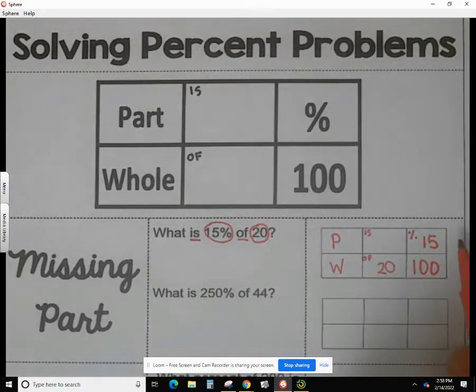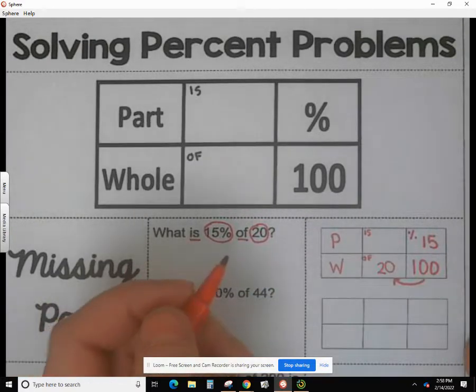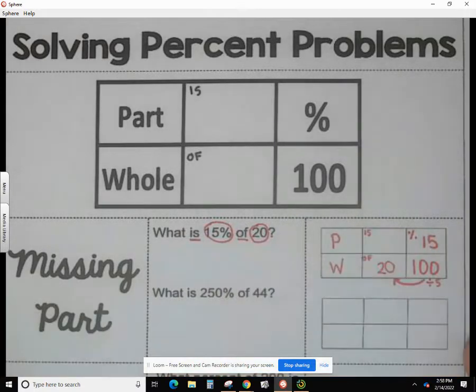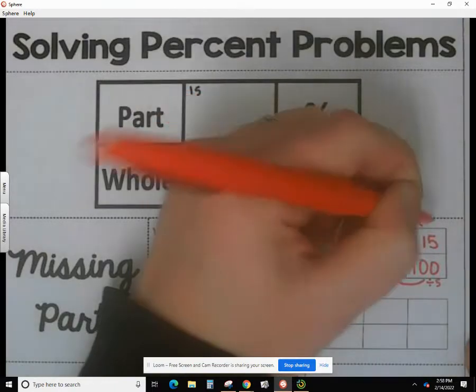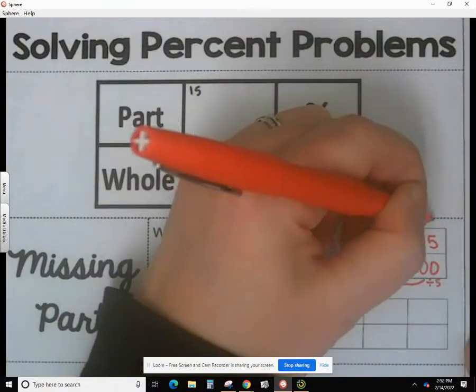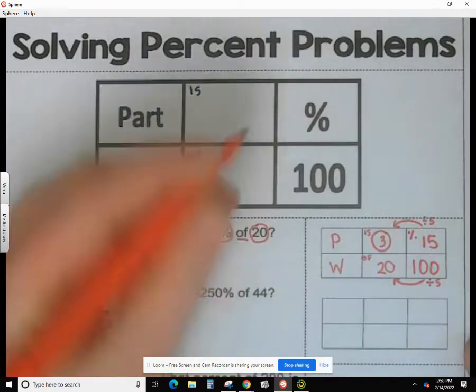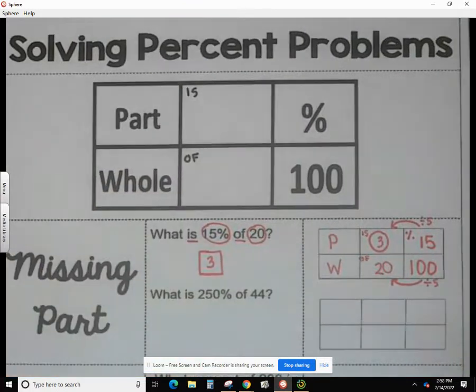I could go up to the 15, but I don't see a relationship, so I'm going to go over to the 20. The relationship is that 100 divided by 5 gives me 20. And whatever I do there, I also do up here: 15 divided by 5 gives me 3. So the answer to this problem is 3.